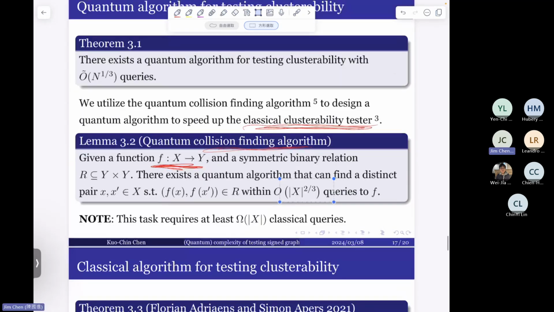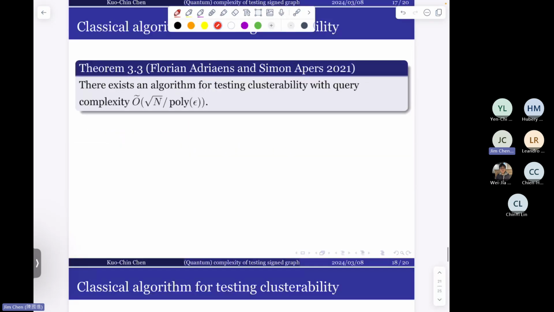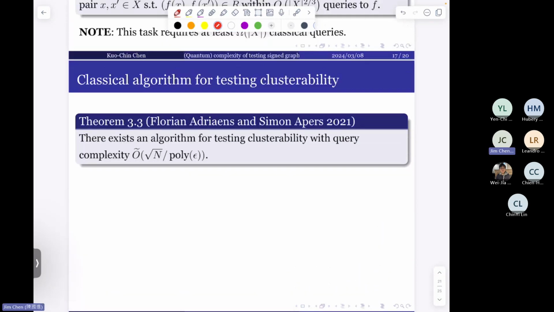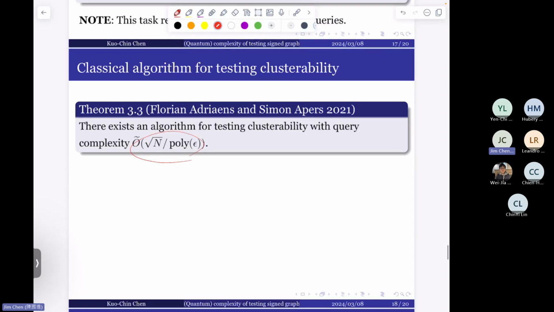So now we are using collision finding and the classical clusterability tester. The tester is proposed by Simon. The statement is that we have a classical algorithm to test clusterability with square root of n query complexity.